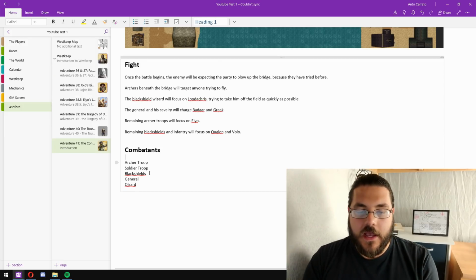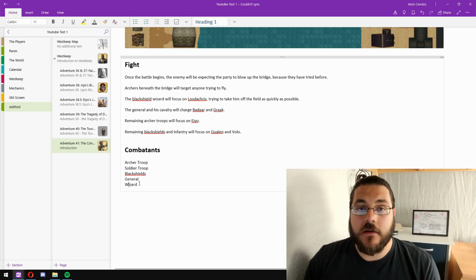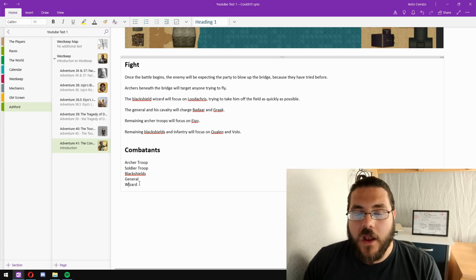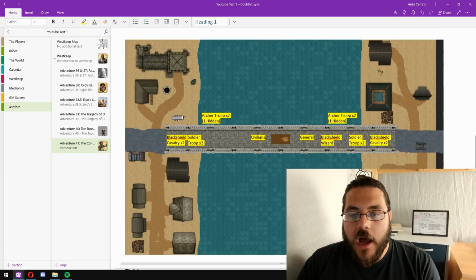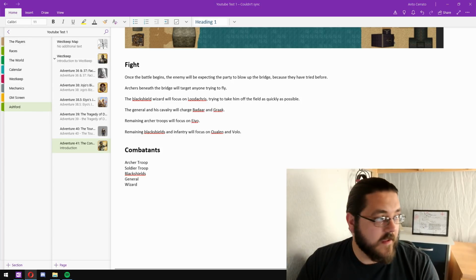Now what I want to do here is put links to the D20 entries for each of these enemy types, so that when I'm running the combat, I can just scroll down, click on each of them, and immediately I'll know what their stats are.